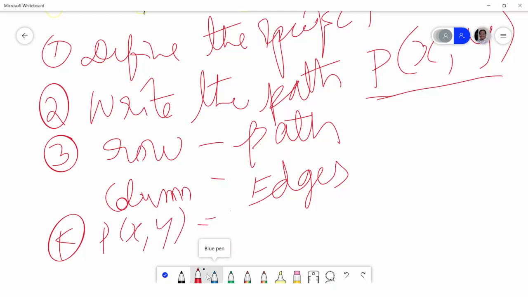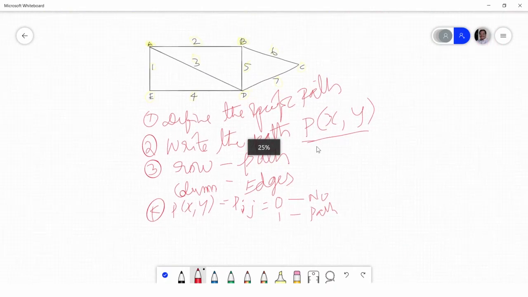P of x comma y is P of ij, where it is 0 if there is no path, and 1 if there is a path. You have to write this. These are the 4 steps of your algorithm that you have to follow.